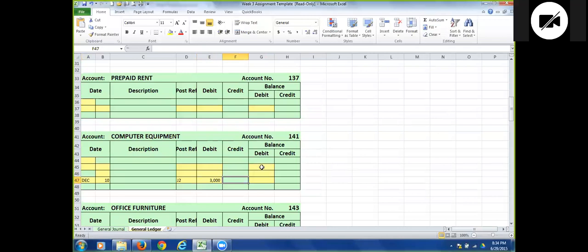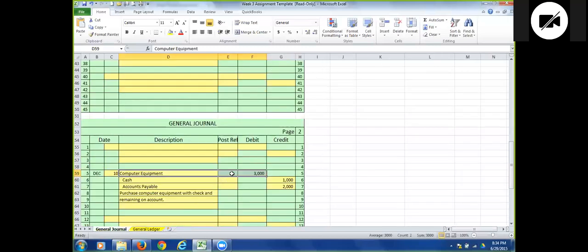And I'm actually going to give you these balances right here, 2, 6, just to show you that we have a $6,000 balance before this transaction. 6,000 plus 3 equals 9,000. And then the 141 you do in the post reference.